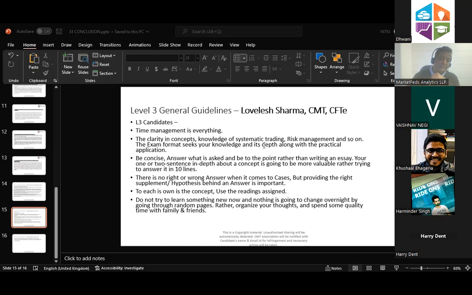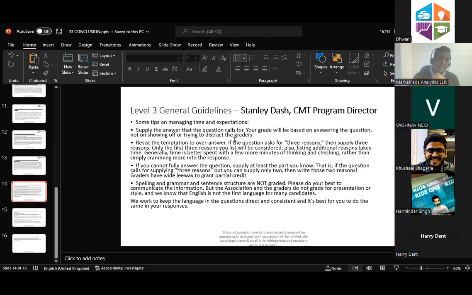So as Stanley said, one point: if you do not know the 3 reasons, but you can supply only 2, then write those 2 reasons. And also he said that you can supply at least the part.